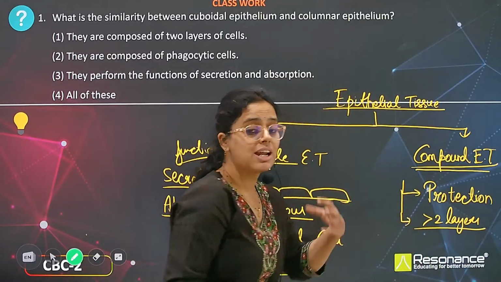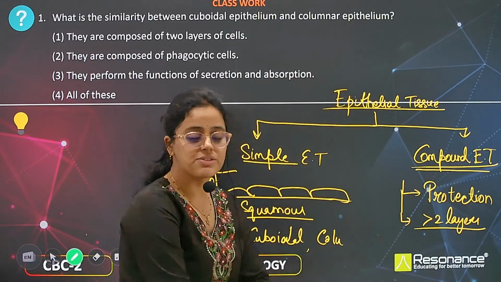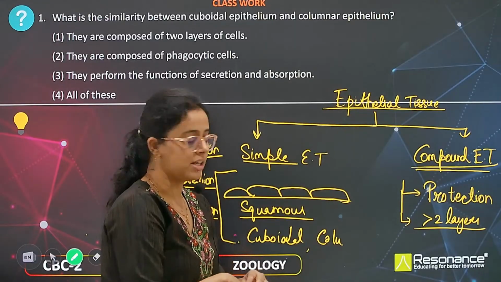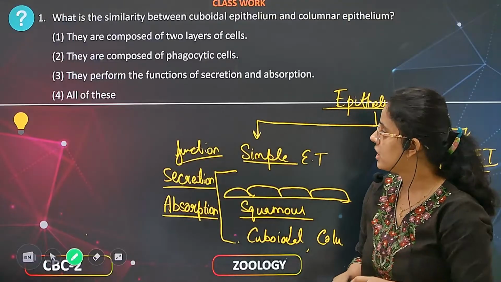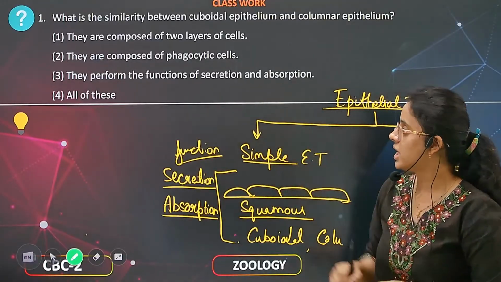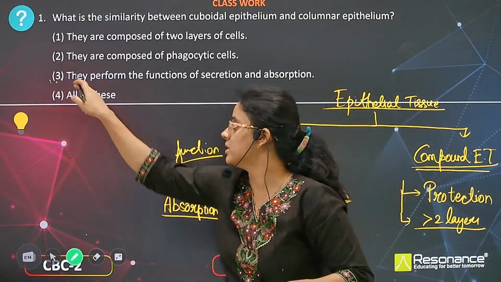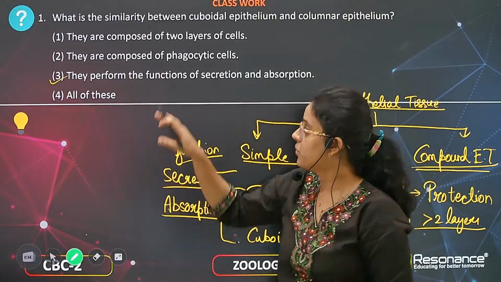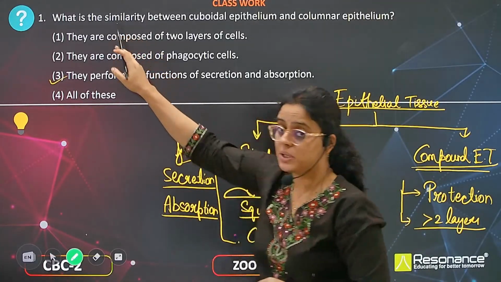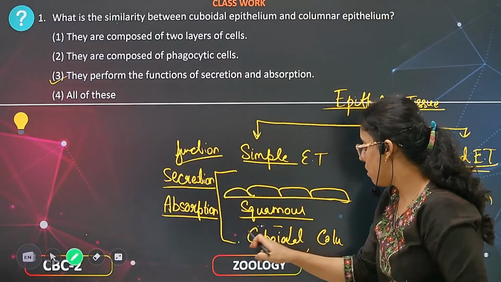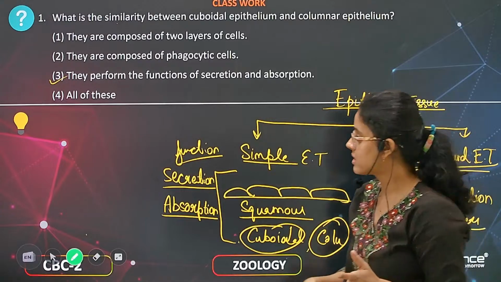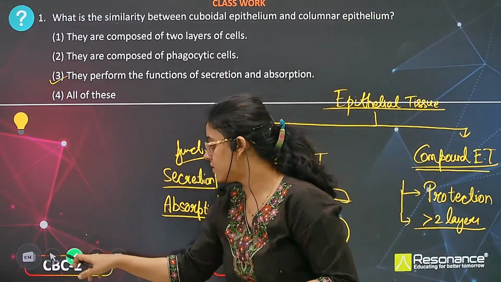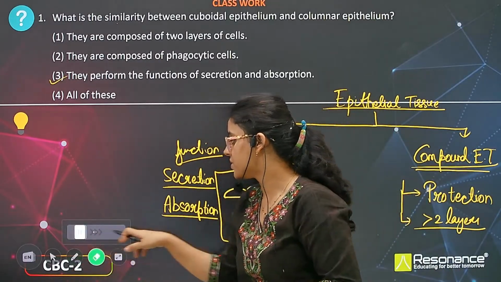The inner lining of the buccal cavity or the outer stratified squamous epithelium, the skin, is generally compound epithelium. So here they perform the function of secretion and absorption, so our answer is going to be the third one. I am going to read this question again: the similarity between cuboidal epithelium and columnar epithelium. They perform the function of secretion and absorption.